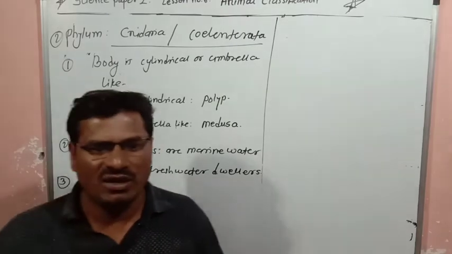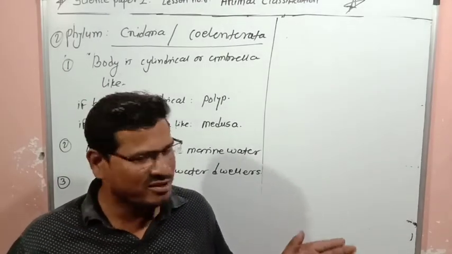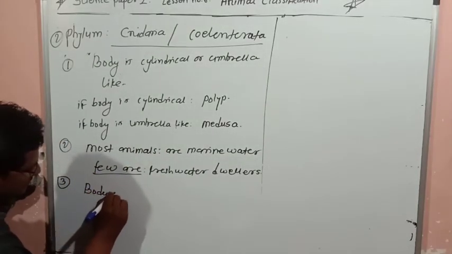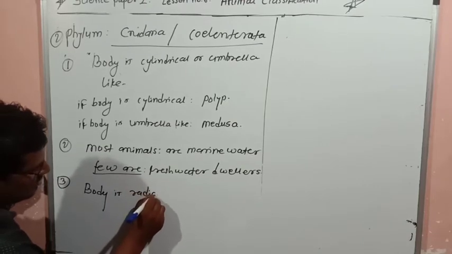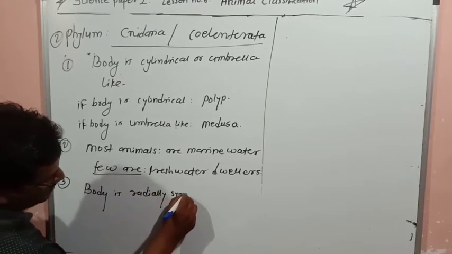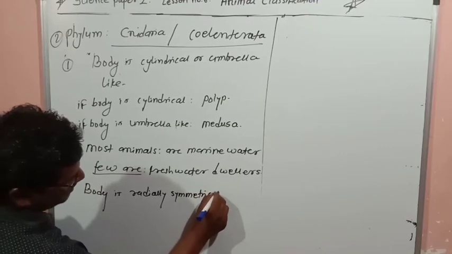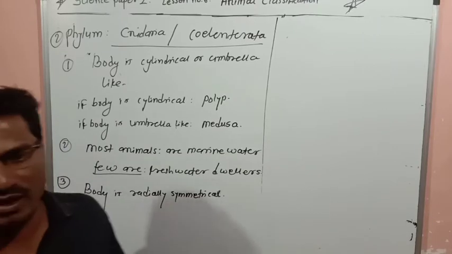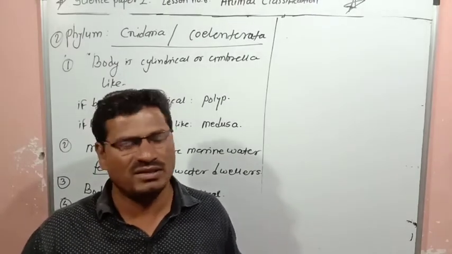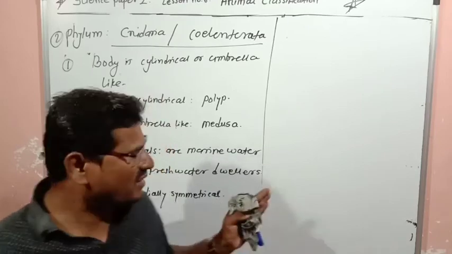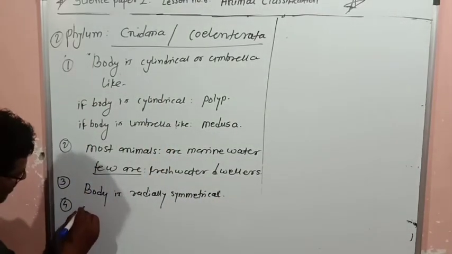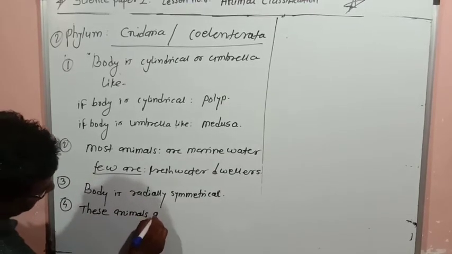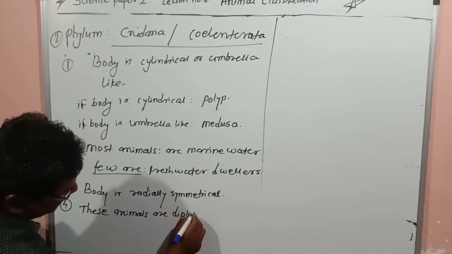What is the third point? The body is radially symmetrical. Then the fourth point is that these animals are diploblastic.